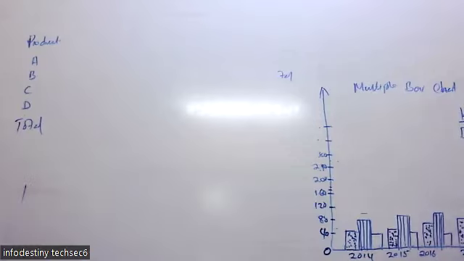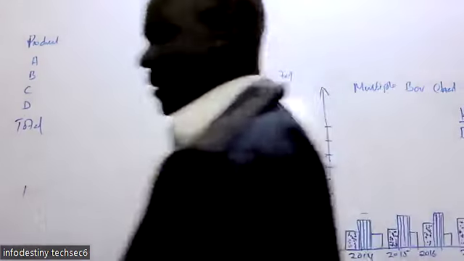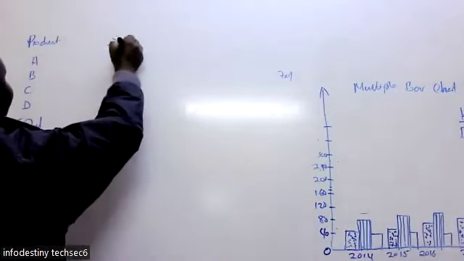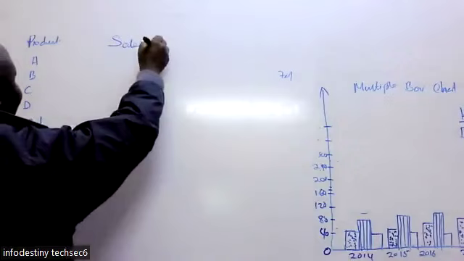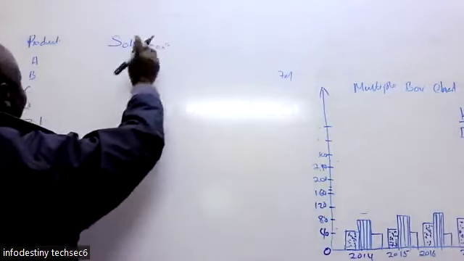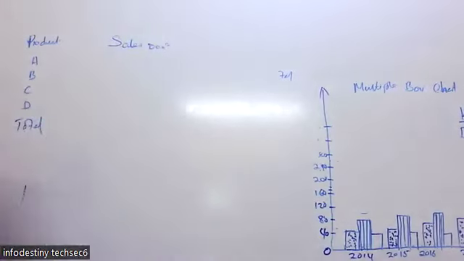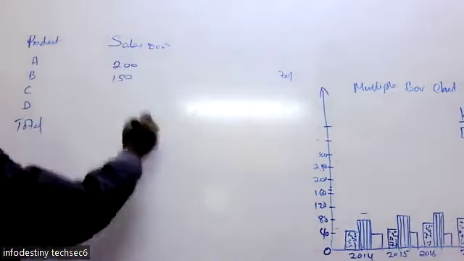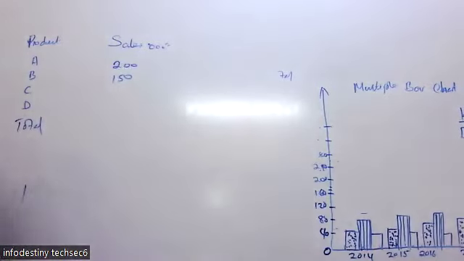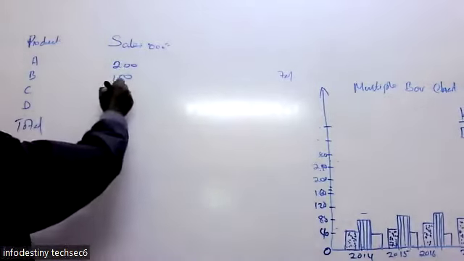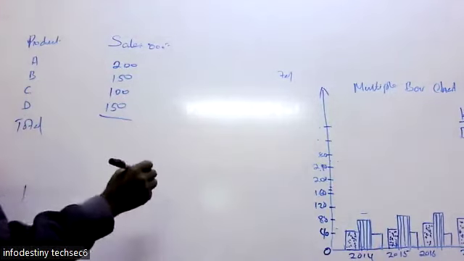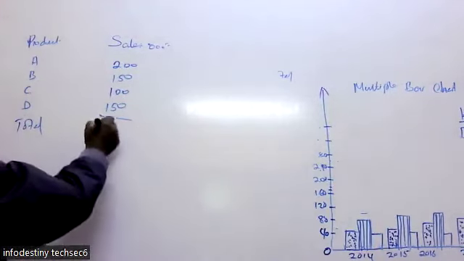Okay, the product, and then we have the sales in thousands. So for A, we have 200, 150, 100, 150. Then when you add, we have 600.